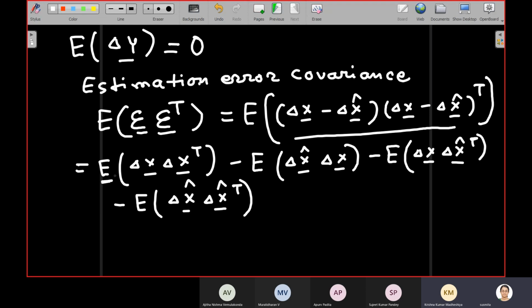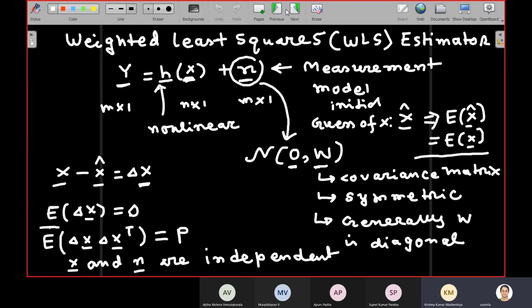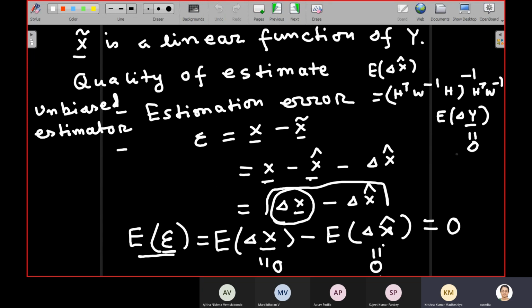So we already know what this is. This one is P. It's not necessary that we need to know P, but let's write it as P. The next is this one, right? For that we need to use the expression of delta x hat.